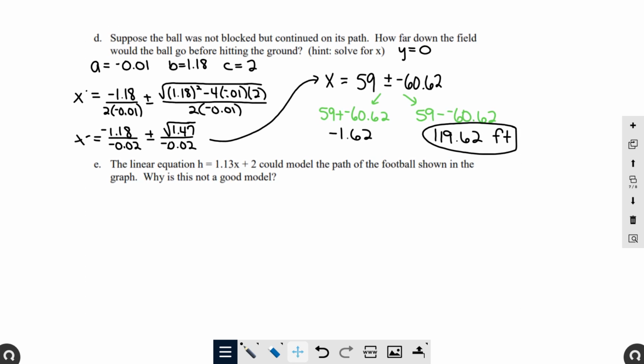Why not? The ball's affected by gravity, so a linear equation keeps going on forever and ever and ever, right? But what's going to happen to our football? It should go back down. So you can write a little sentence about that if you would like to, but it is not a good model because linear equations go on forever.